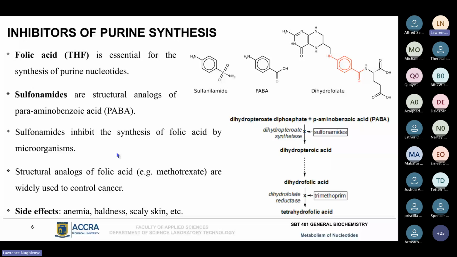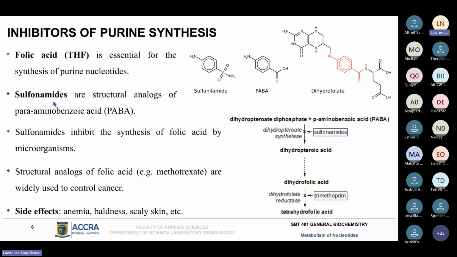So we want to look at application of this knowledge in the development of some antibiotics which fall under the group of sulfonamides.